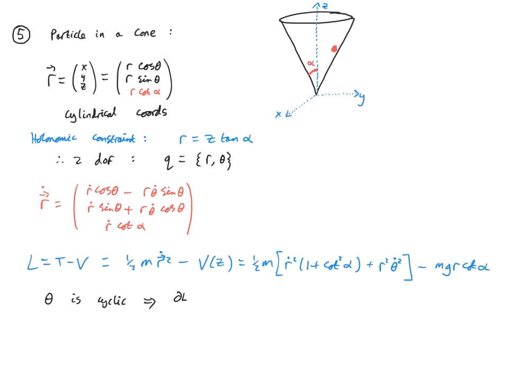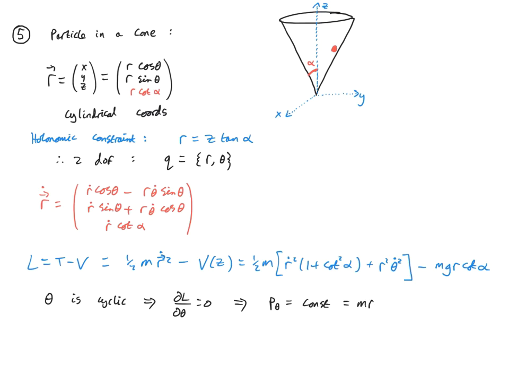That means that dL by d theta is equal to 0, which means, in turn, that p theta is a constant. We just use the Euler-Lagrange equation of motion to discover that p theta dot is equal to 0. So p theta itself is a constant. What is p theta? Well, of course, it's dL by d theta dot, and in this case, we can just write that down.